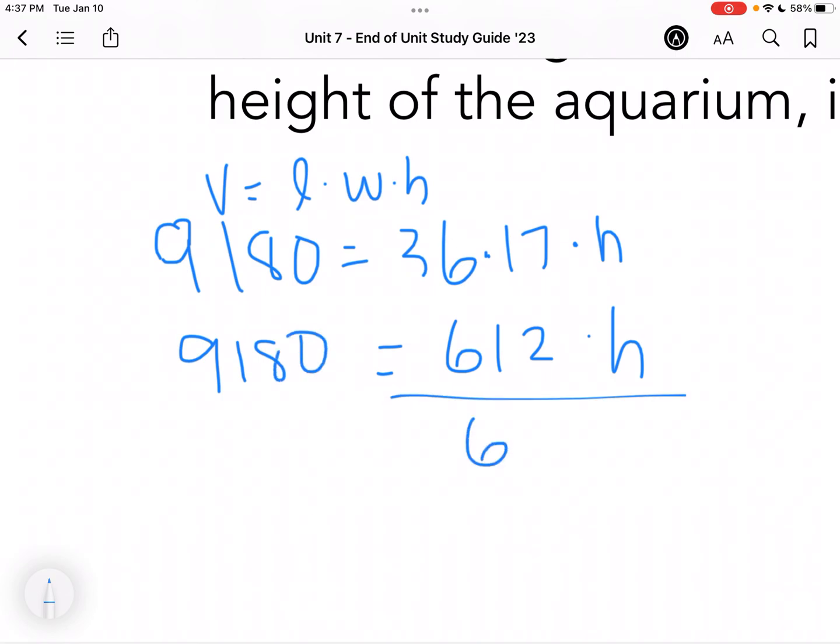I'm going to divide by 612. And the height's going to be 15. And that's going to be inches.